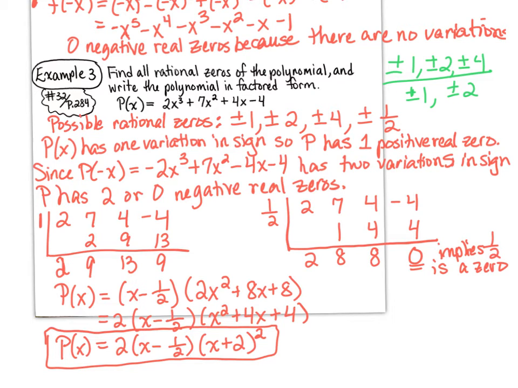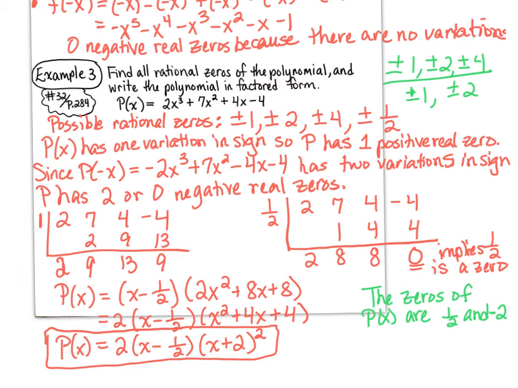But if I ask you what are the zeros of this polynomial, what would they be? The zeros of P of x, and this is just extra information, are 1/2 and -2.